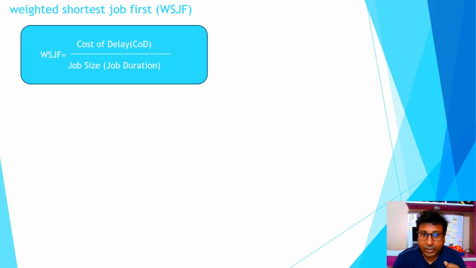So let us first get into the derivation, how WSJF gets calculated, and then I'll slowly give you the correlation. On your screen you can see WSJF is basically cost of delay divided by job size or job duration, meaning how long the job will take.